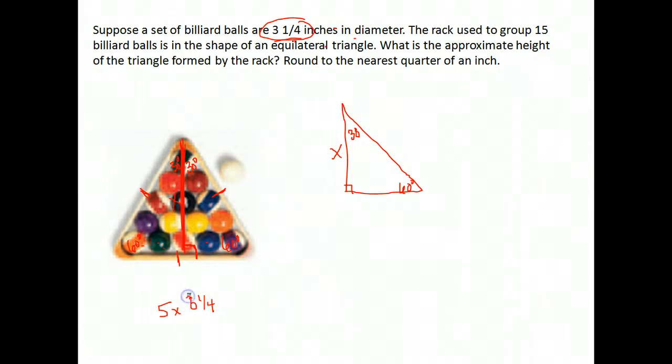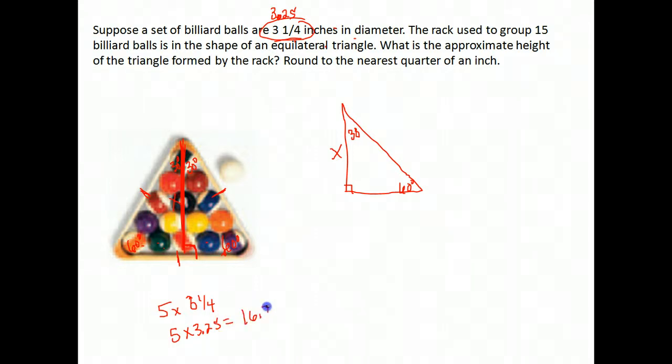Now to make this a little better for us, since a lot of people don't care for fractions, you can rewrite that as 3.25. A quarter is 0.25. Okay, so let's do it that way. So we have 5 times 3.25. There were 5 balls, and again, each of them had a diameter, a distance across of 3.25.